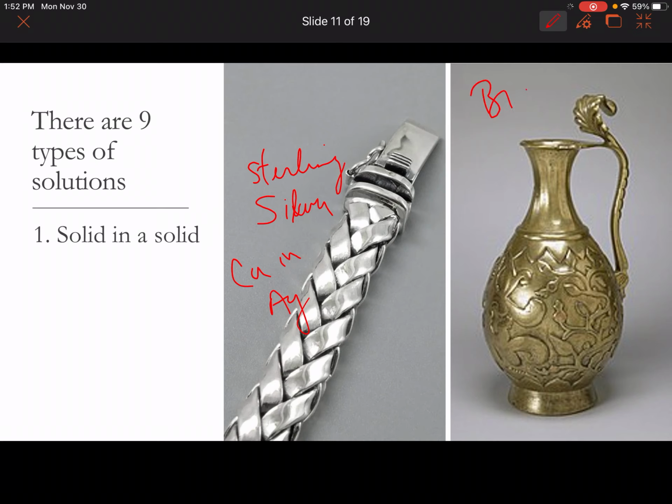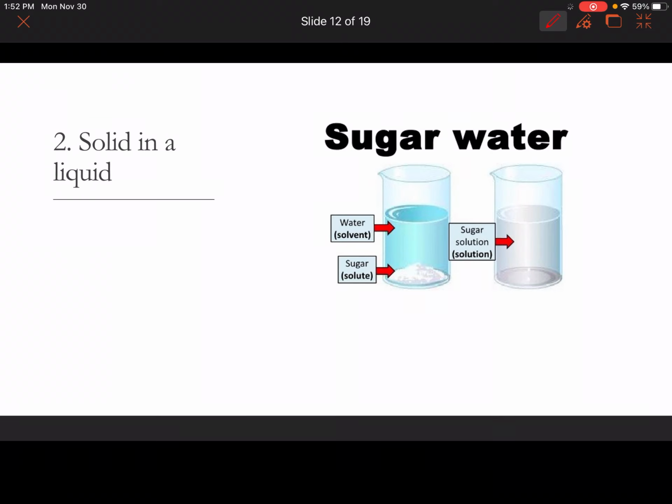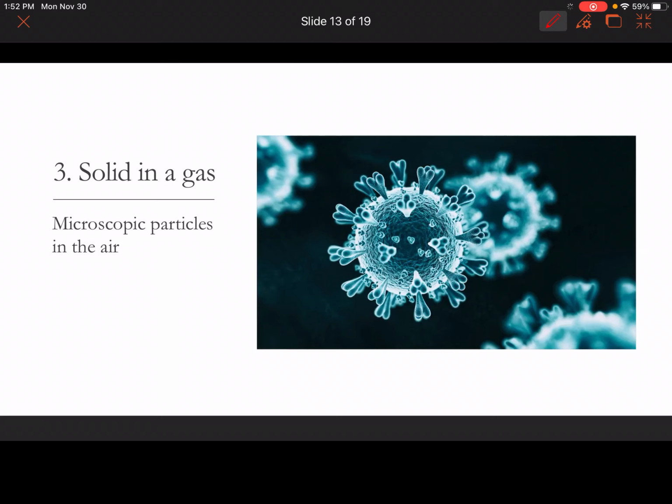Over here, you might have some of this in your home, is brass, and brass is actually zinc in copper. So both sterling silver and brass are examples of a solid being dissolved in a solid. Solid in a liquid, we've got our sugar and water, so that one's pretty basic, right? We take our solid sugar and we dissolve it in our water.